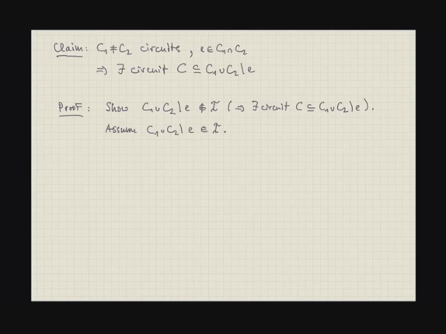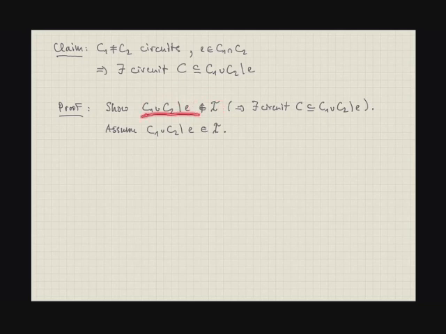So once again, the claim, I have two different circuits, C1 and C2 of an arbitrary matroid. I have a common element E contained in both C1 and C2. So then the claim is there exists another circuit C only consisting of the elements of C1 and C2, not containing the shared element E. So what we're going to show is that the union of these two circuits, C1 and C2, without this element E, is itself a dependent set.